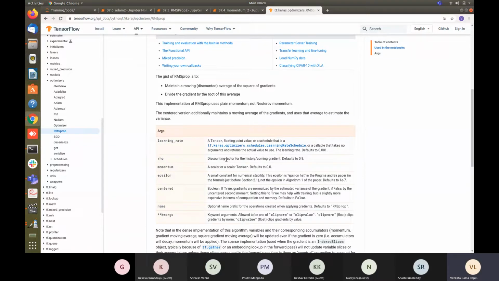I think this beta is called the discounting factor. And in this also momentum is there. I don't know why. Epsilon we know, centered we know. But momentum should be present in momentum only.